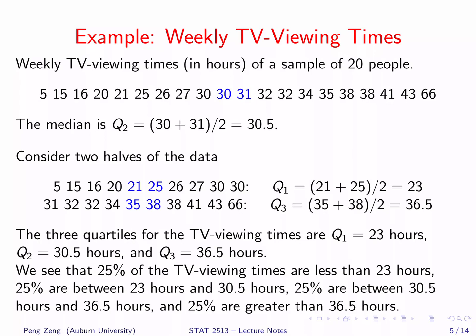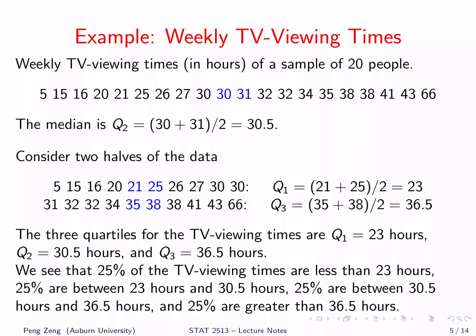As a summary, the 3 quartiles for the TV viewing time are Q1 equals 23 hours, Q2, or the median, is 30.5 hours, and the third quartile is 36.5 hours. Recall that the three quartiles divide the whole range of data into 4 intervals. Each contains 25% of the data.